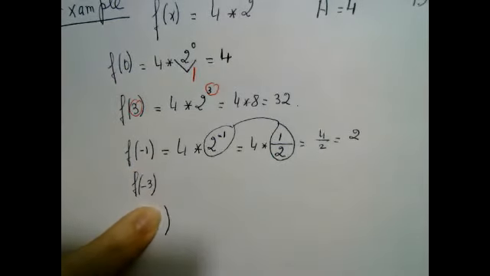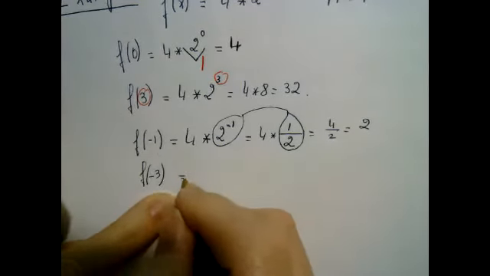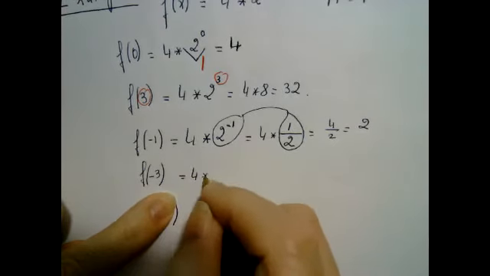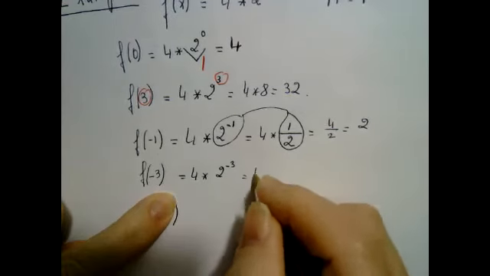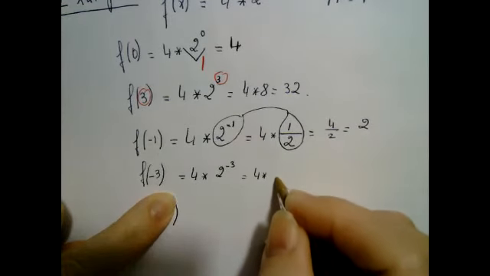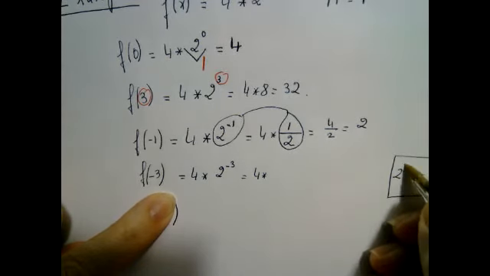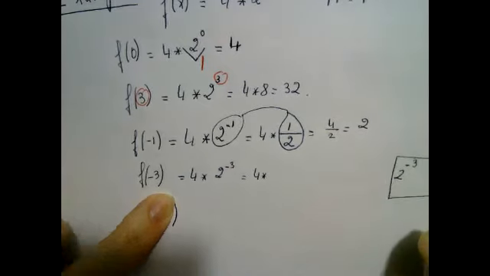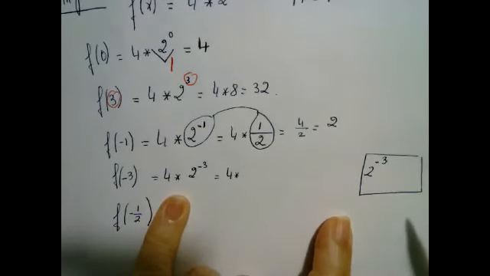Okay, what is f of minus 3? It's 4 times 2 to the minus 3. Now, what is 2 to the minus 3? What's the meaning of it? Otherwise, the whole thing doesn't make sense. What does it mean to raise a number to a negative power?